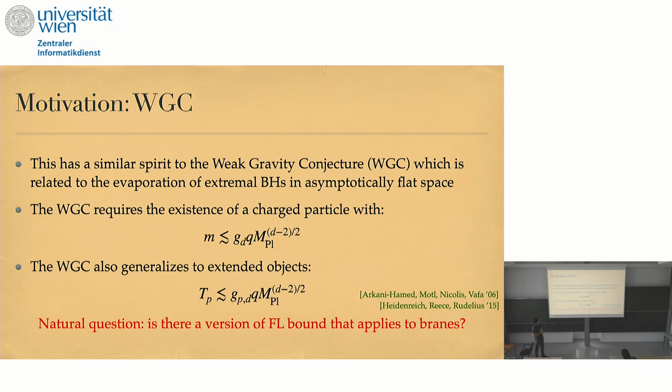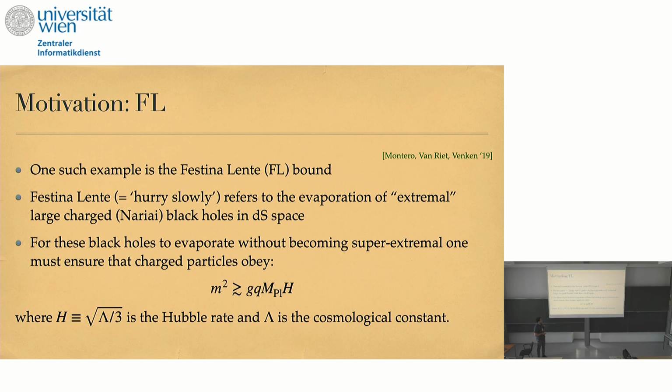Weak gravity requires the existence of particles whose mass is smaller than their charge, and this is exactly the kinematic condition required for extremal black holes in asymptotically flat space to be able to evaporate without becoming super extremal. So in asymptotically flat space we get this condition from requiring that black hole evaporation doesn't take them into becoming super extremal, and in the de Sitter case you get the condition that I showed in the last slide. This is some condition on the masses and charges of particles.